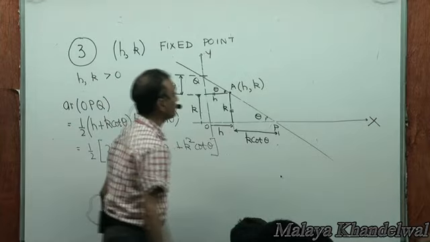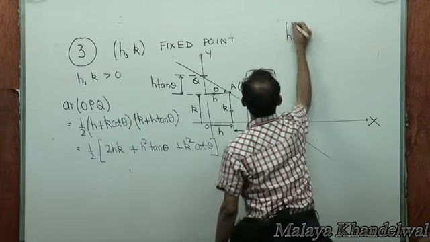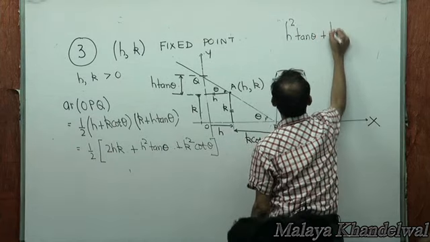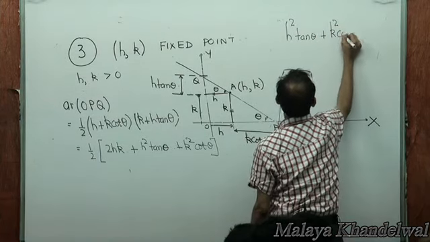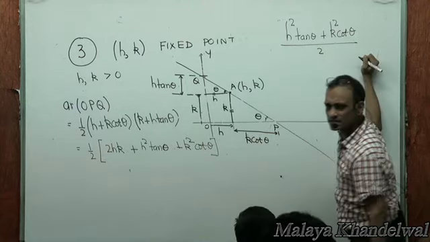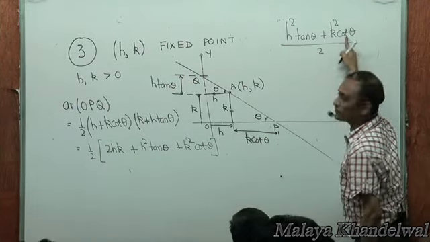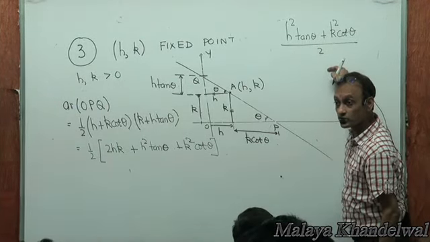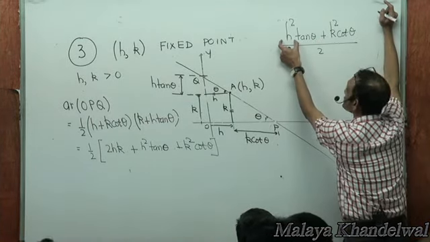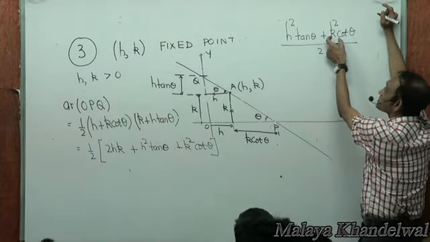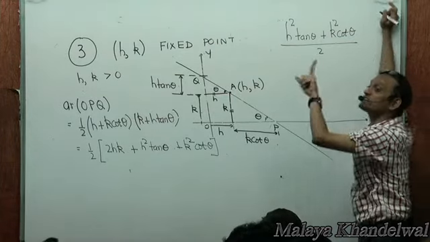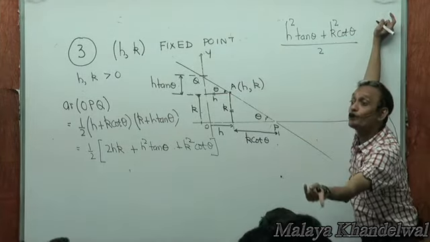Would you want to believe that H squared tan theta plus K squared cot theta by 2 is the arithmetic mean of these two numbers? And they are positive numbers because theta is acute: tan theta is positive, H squared is positive, cot theta is positive, K squared is positive. So the arithmetic mean of two positive numbers is greater than or equal to the geometric mean.